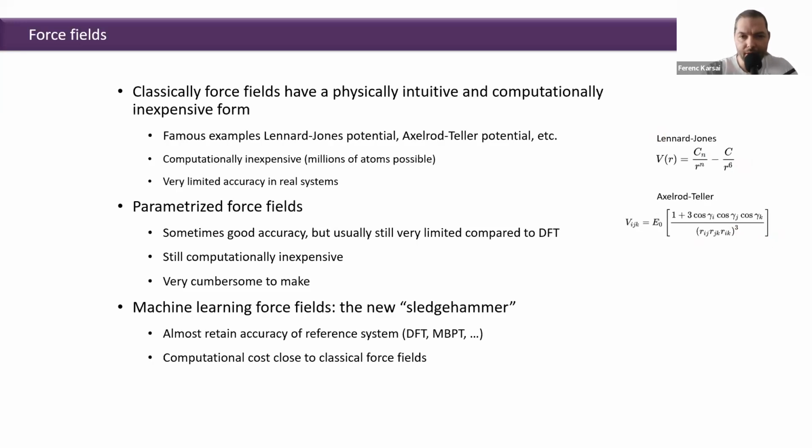They are computationally inexpensive with very few parameters only. With them, typically one can go up to even millions of atoms for several microseconds or even more. But of course, this comes at the price that it captures only very limited accuracy in physics.